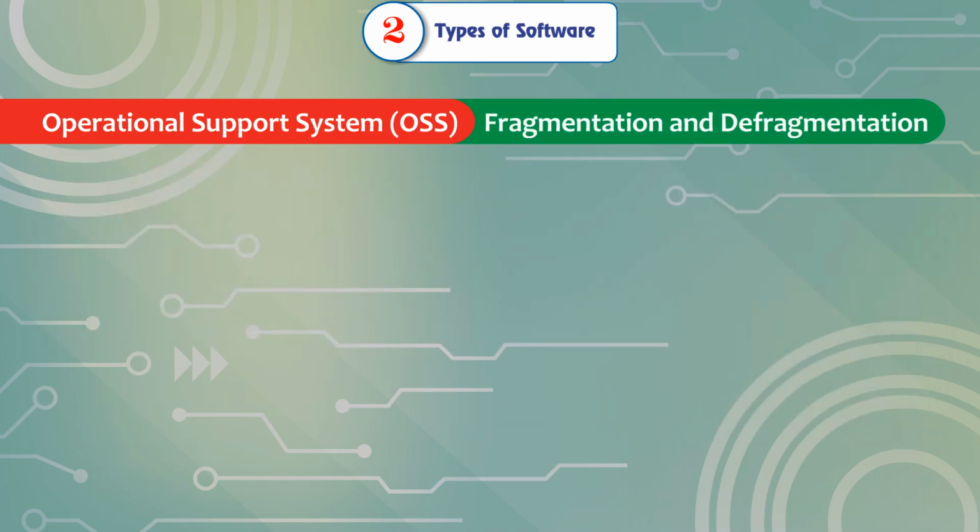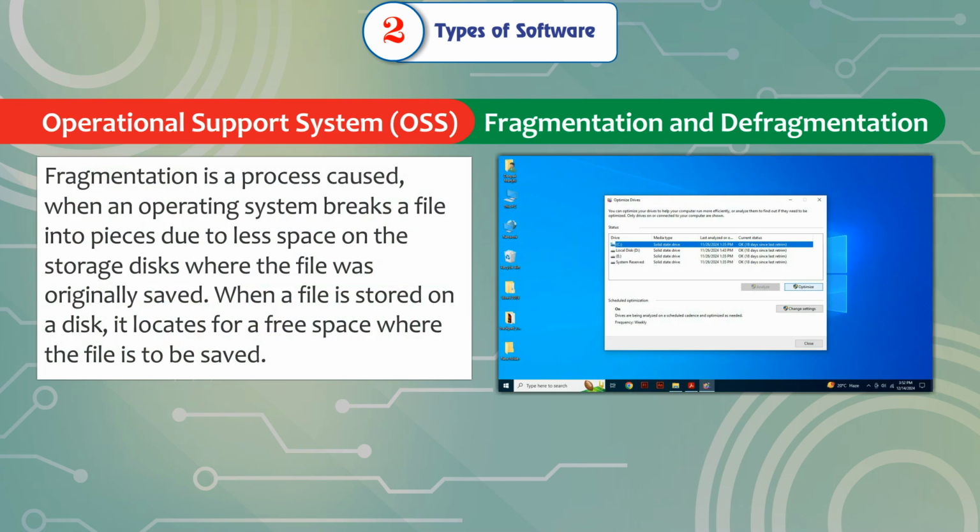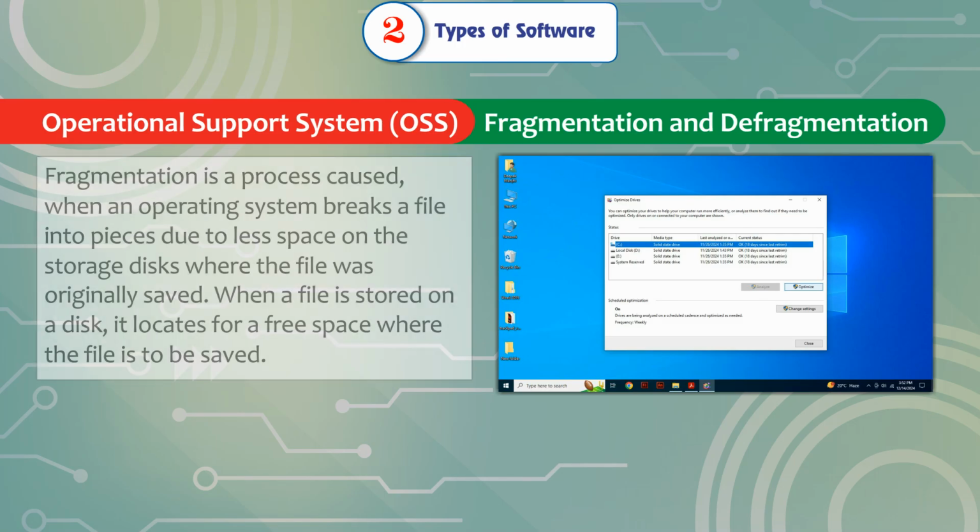Fragmentation and defragmentation. Fragmentation is a process caused when an operating system breaks a file into pieces due to less space on the storage disk where the file was originally saved. When a file is stored on a disk, it locates a free space where the file is to be saved.